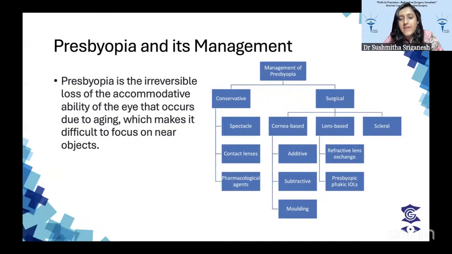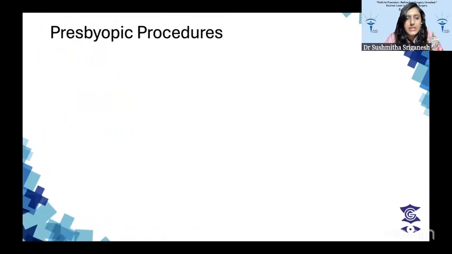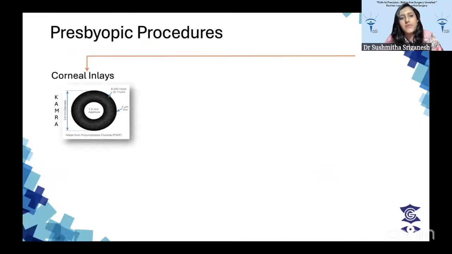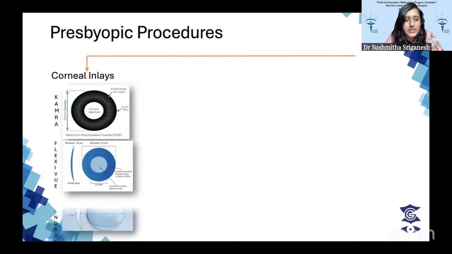Within cornea-based, we have additive procedures such as corneal inlays, subtractive procedures, which are the Excimer laser-based procedures, and molding procedures like conductive keratoplasty. More in detail about the presbyopic procedures, as I mentioned, corneal inlays: we have synthetic inlays like Kamra, FlexiView, and Raindrop. Nowadays, there are also biosynthetic inlays as well as tissue adhesion procedures.